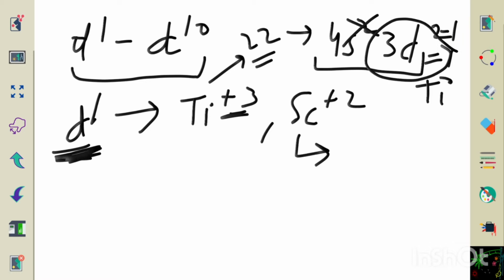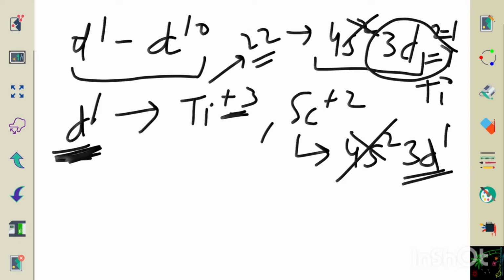Similarly, for scandium we have 4s2 and 3d1. So 2 electrons are to be removed from the outermost shell, that is 4s. So 2 electrons will go, and it also belongs to the d1 configuration. For these two ions, how do we write the term symbol?